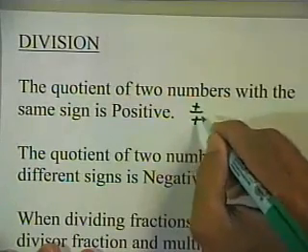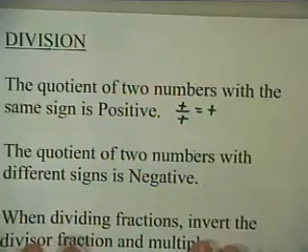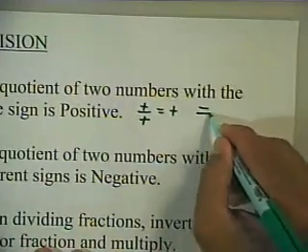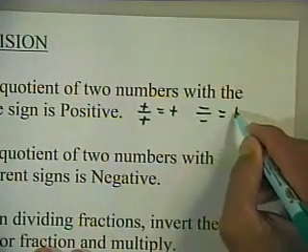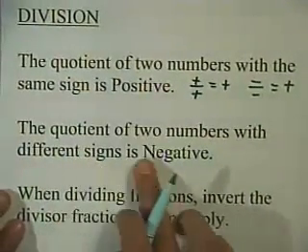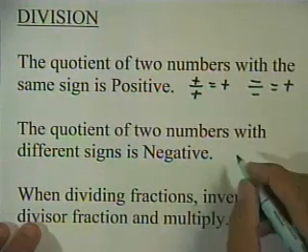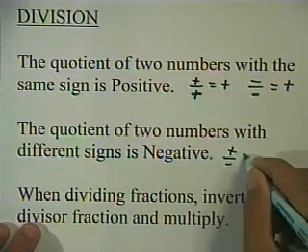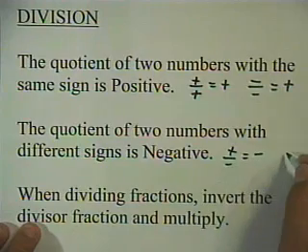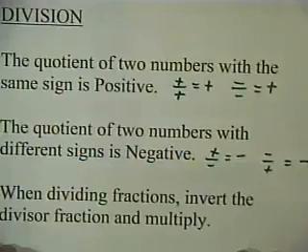Whether you have a positive over a positive, that's going to result in a positive number, or a negative over a negative, that will also be positive. The quotient of two numbers with different signs is negative. So a positive over a negative when we divide is negative. Similarly, negative over a positive is also negative.